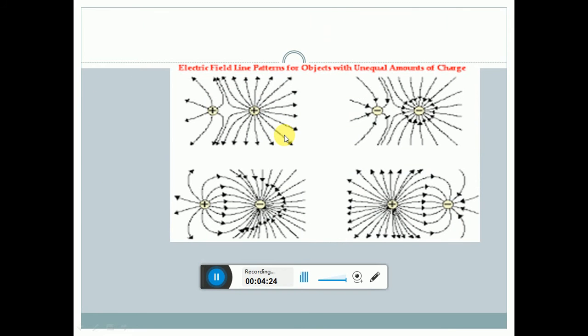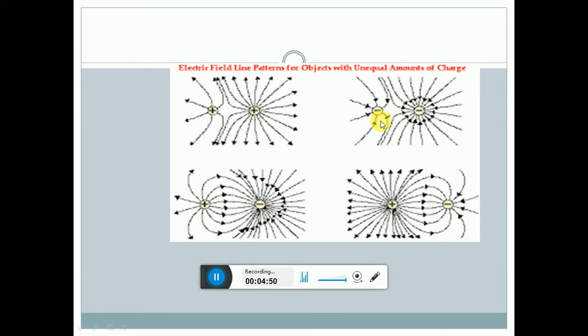These are a few charge distributions, considering the electric field lines of these distributions. This is the first one. When both are positive charges, how will these field lines flow? The field lines will start flowing from both the charges, and when they come closer to each other, they will start repelling, so they will form curves like this.